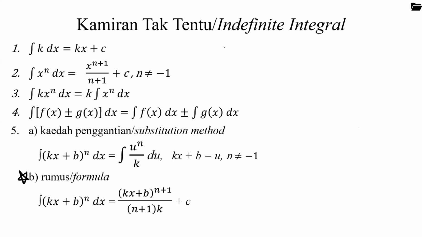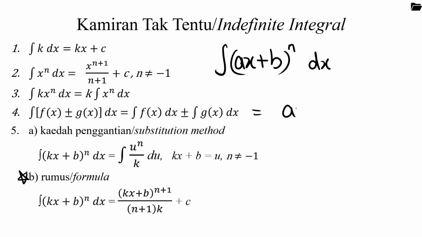The formula is such that if you have ax plus b to the power of n dx, you do the same thing. Ax plus b, increase the power by 1, divided by the new power, and divide by the coefficient of x.